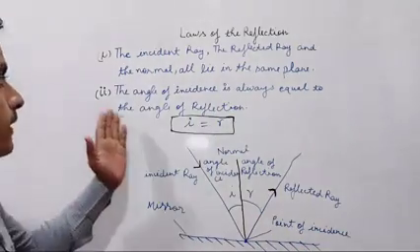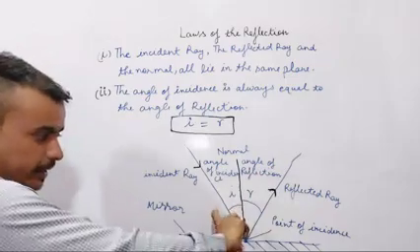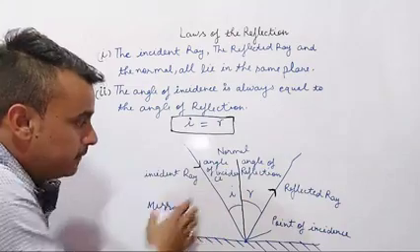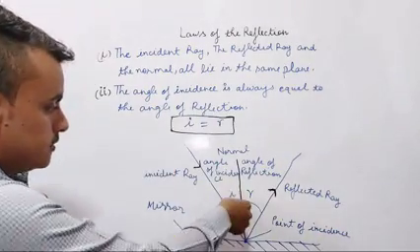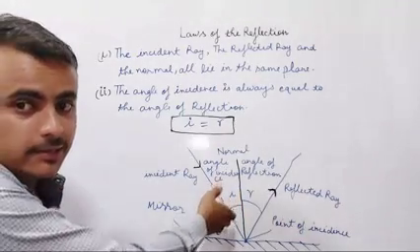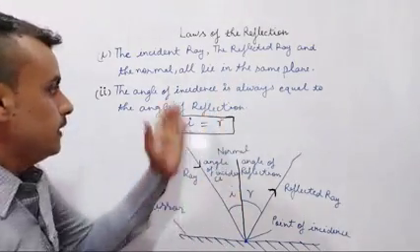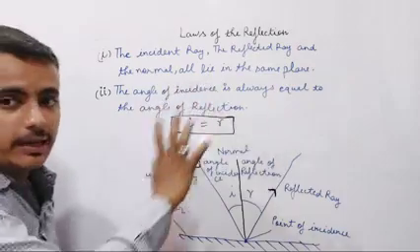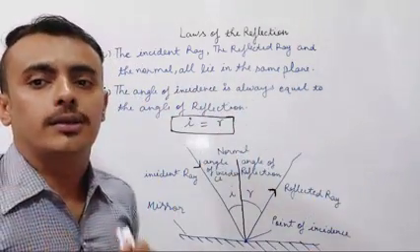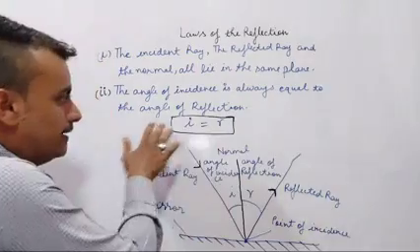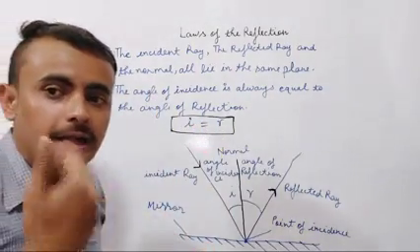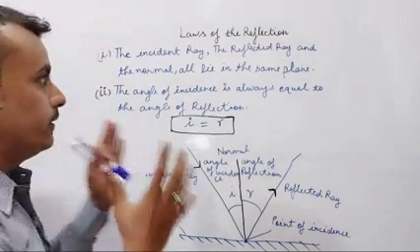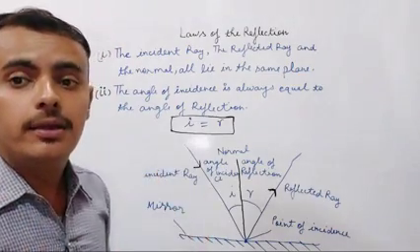And the second one is about the angle of incidence, which means the angle between the incident ray and the normal, represented with i. The angle of incidence and the angle of reflection will always be equal. That means i is equal to r, where i is the angle of incidence and r is the angle of reflection. It is the law of reflection.